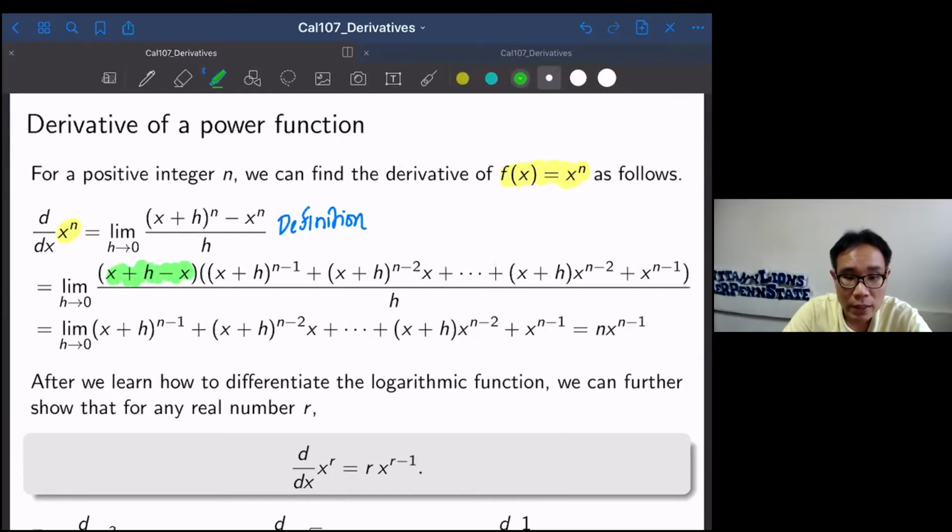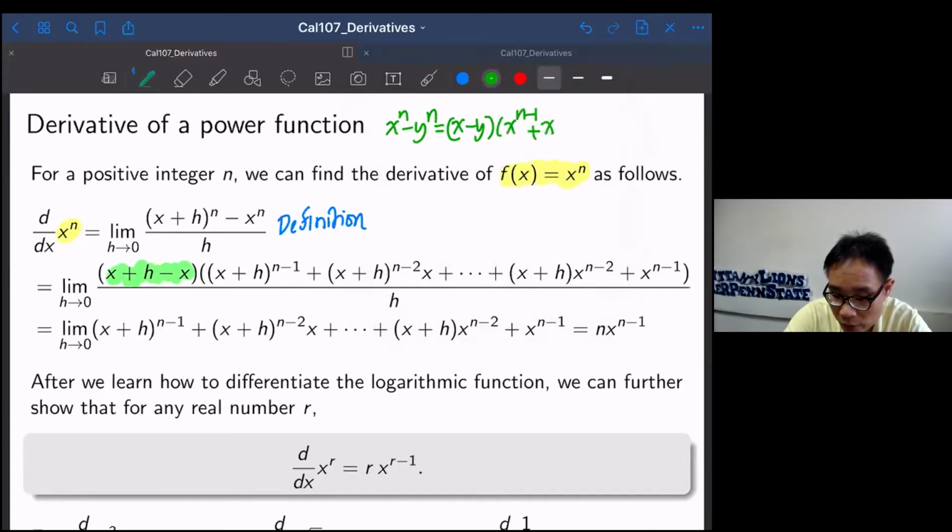And you're going to have the factor (x plus h) to the n minus 1, (x plus h) to the n minus 2 times x, and so on. This comes from an algebraic identity: x to the n minus y to the n equals (x minus y) times (x to the n minus 1, plus x to the n minus 2 times y, up until y to the n minus 1).